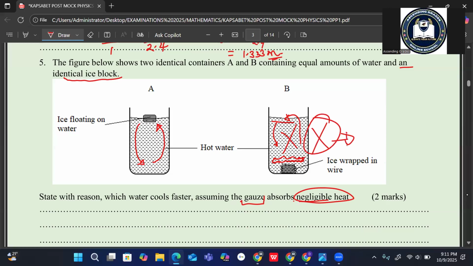So that is why it will not have efficient cooling. So you can say A will cool very fast because water at the top cools faster, creating convectional currents.